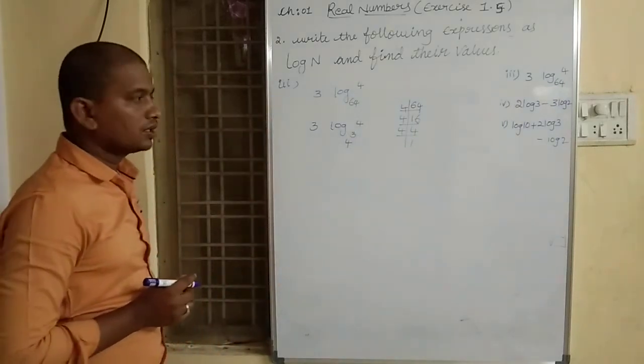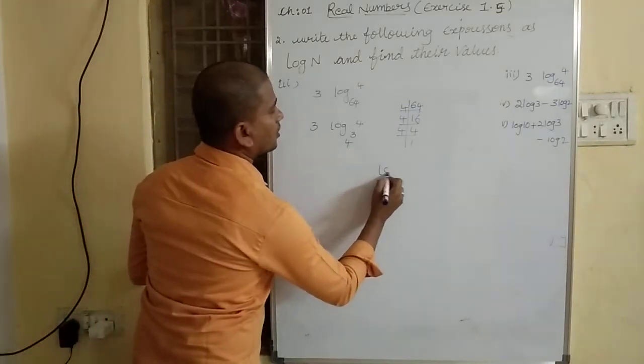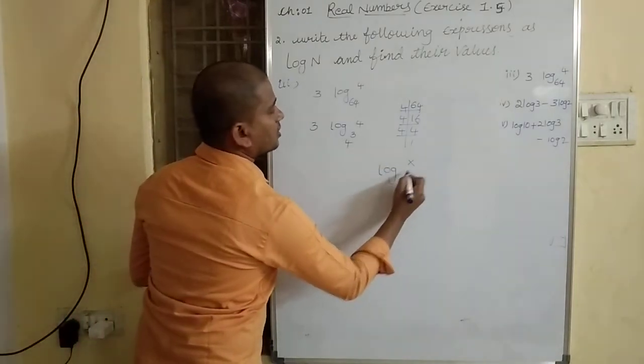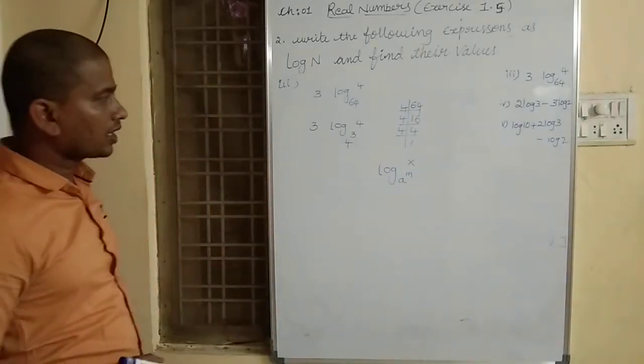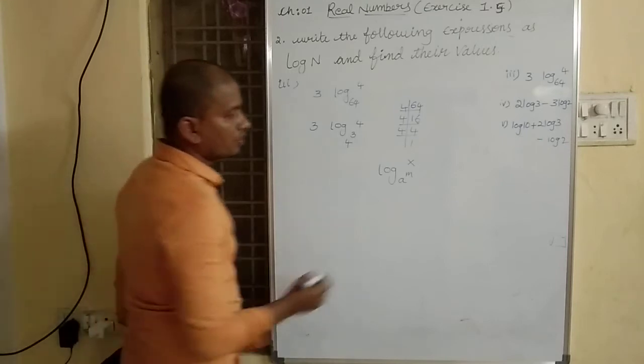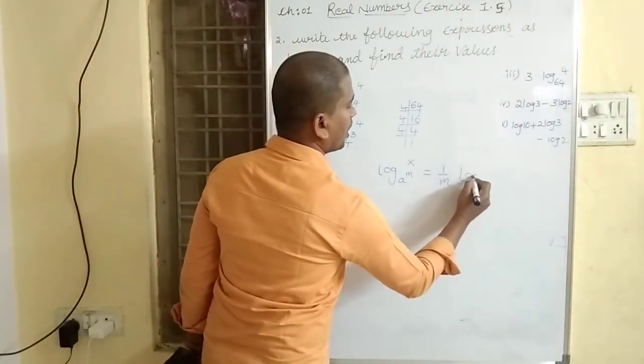4 to the power 3, which is in the form of log x to the base a power m. Log x to the base a power m we can write as 1 by m into log x.